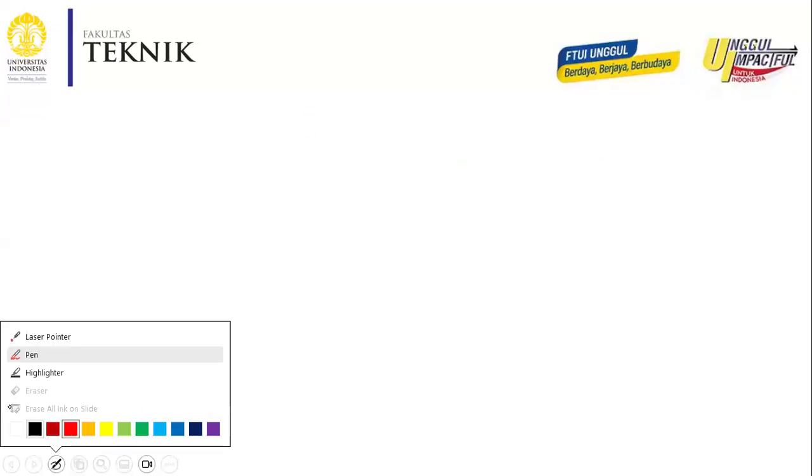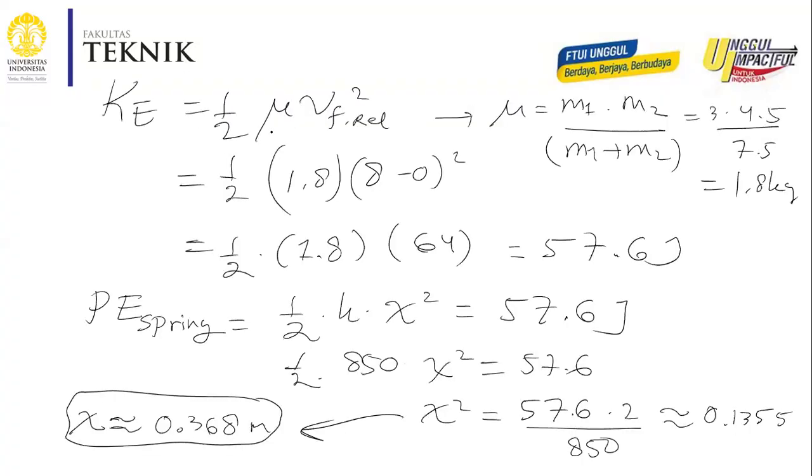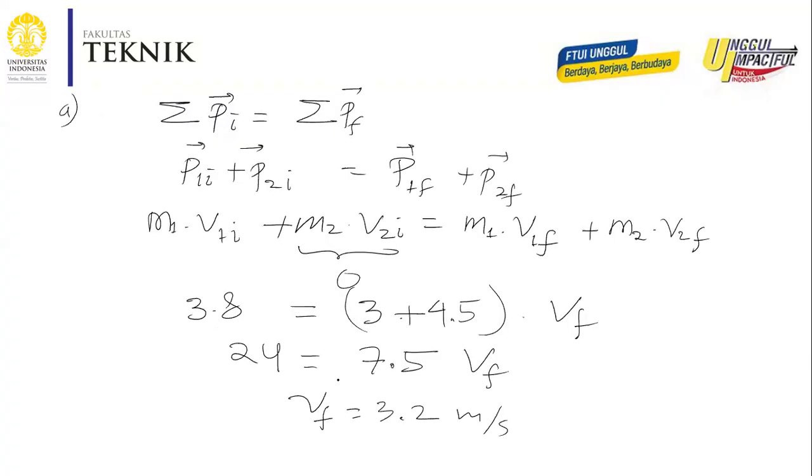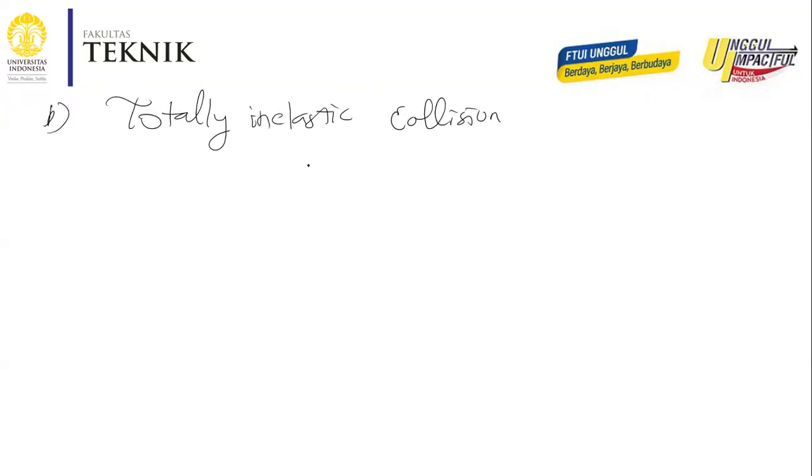We can find this is a totally inelastic collision, so the final velocity becomes the same as the velocity of the system. So V final is equal to 3.2 meters per second.